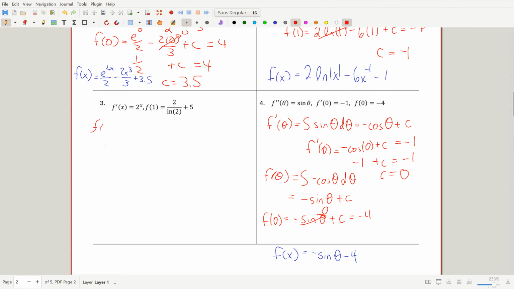Antiderivative, so f of x is the integral of 2 to the x dx, which is, as we saw before, 1 over ln 2, 2 to the x plus c. That's right from our derivatives on the front page, except we had a instead of 2.